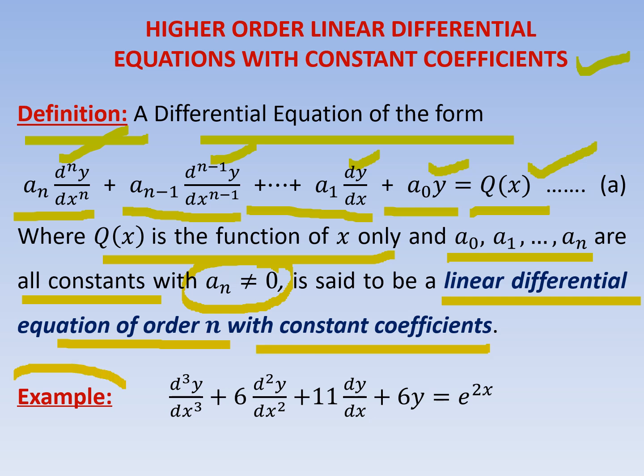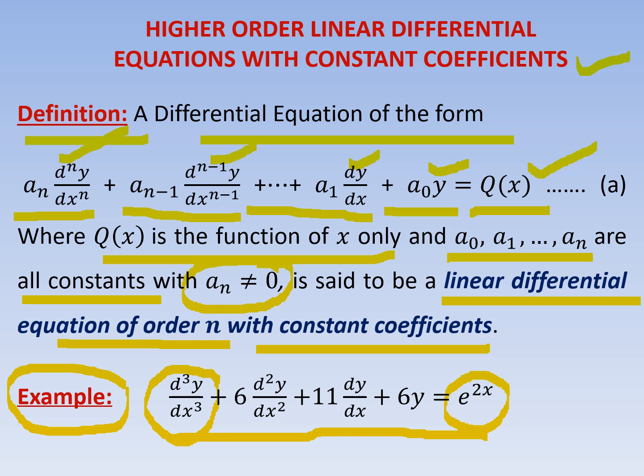Let us see one example. d cube y by dx cube plus 6 times d square y by dx square plus 11 times dy by dx plus 6 times y is equal to e power 2x. Here, e power 2x is a function of x only. And here, d cube y by dx cube is the highest order derivative in the equation, so the order of the equation is 3.